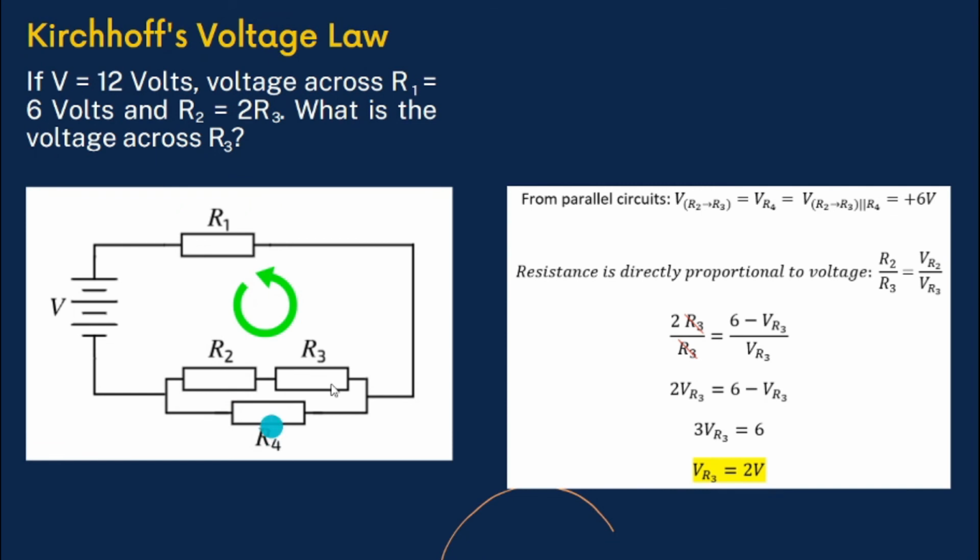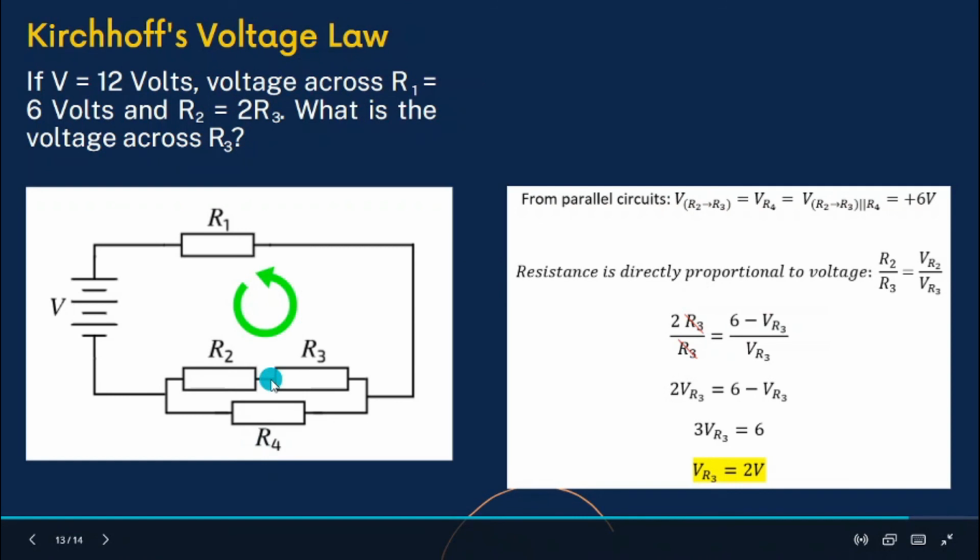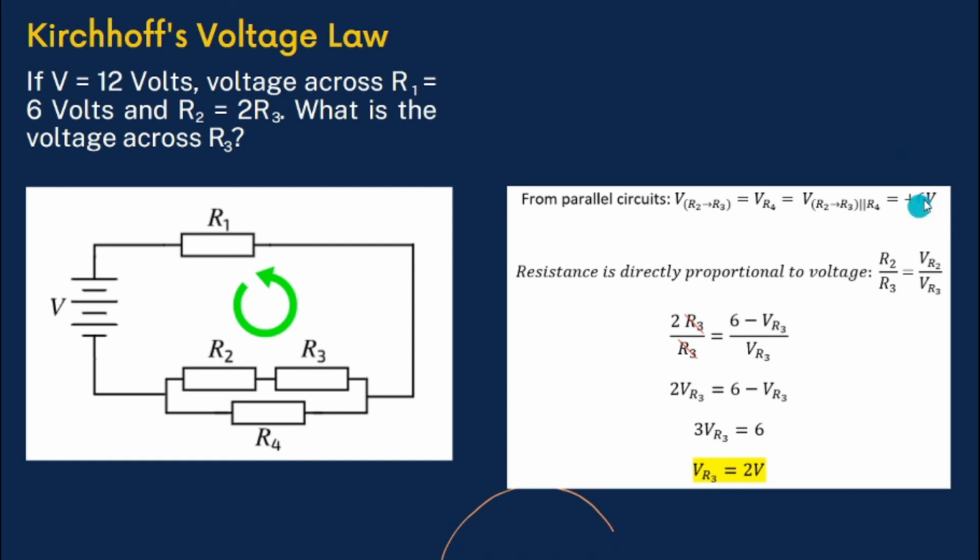Now, from parallel circuits, we know that the voltage across parallel branches is equal. So VR4, 6 volts, is equal to the voltage across R2 in series with R3. And we said last time that resistance is directly proportional to voltage. When we increase the resistance, we also increase the voltage. In this case, we have this equation. The problem says R2 is equal to 2 times R3.